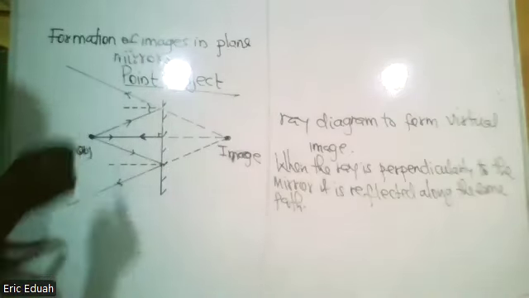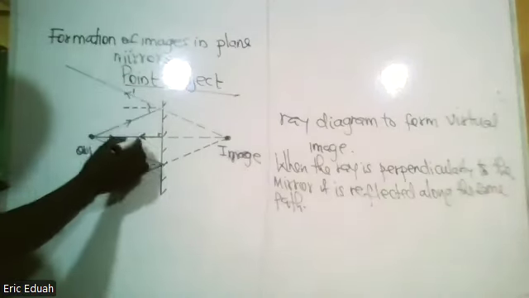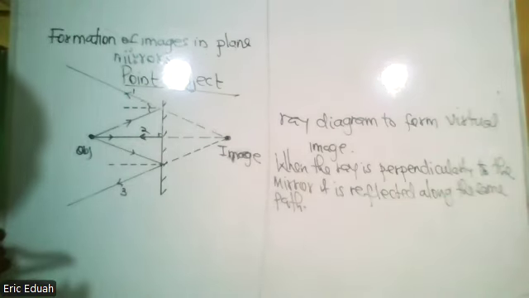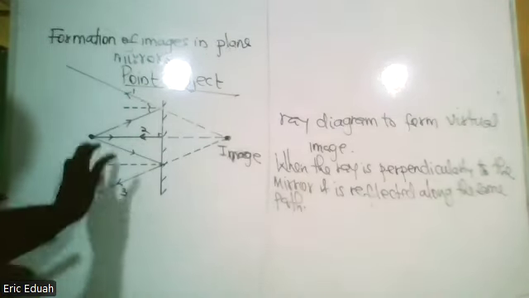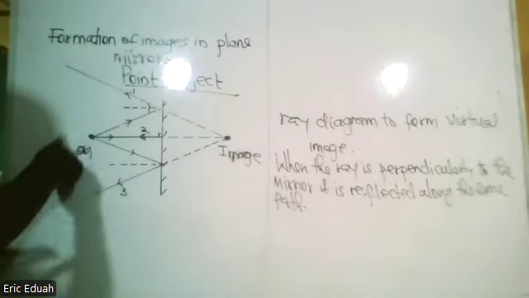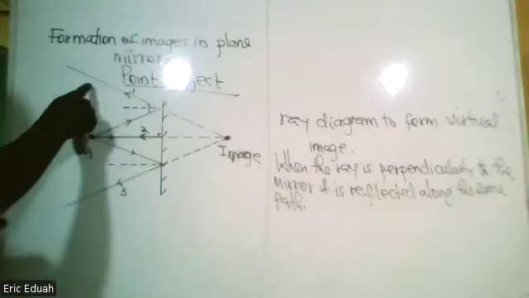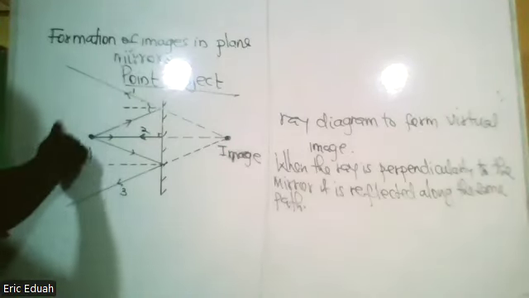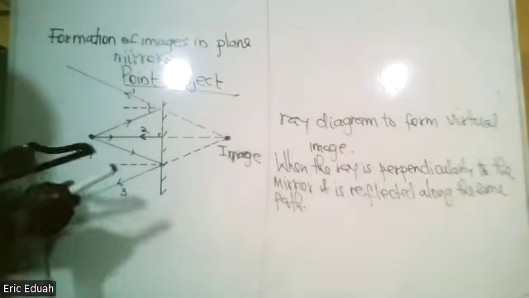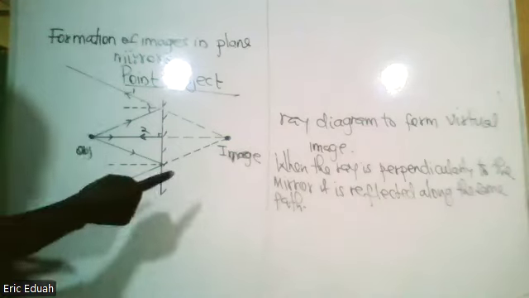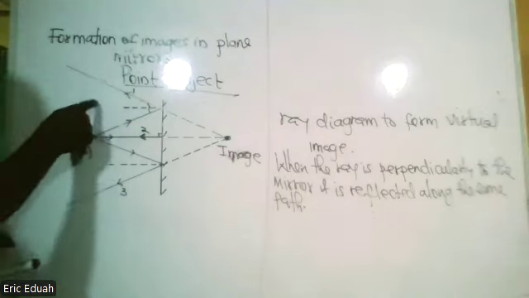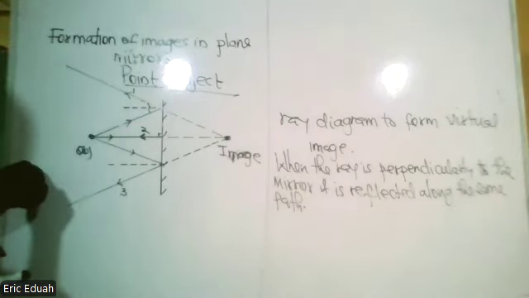Look at this. I have 1, 2, 3 reflected rays. Looking at how diverted or spread out they look, there is no way they can ever meet in front of the mirror because they are diverging more. So no real image will be formed in front.